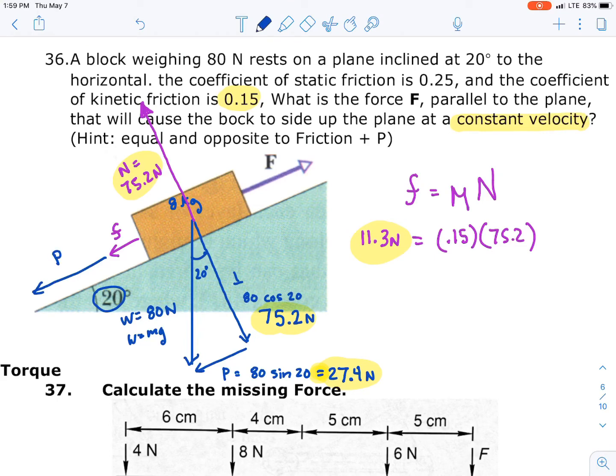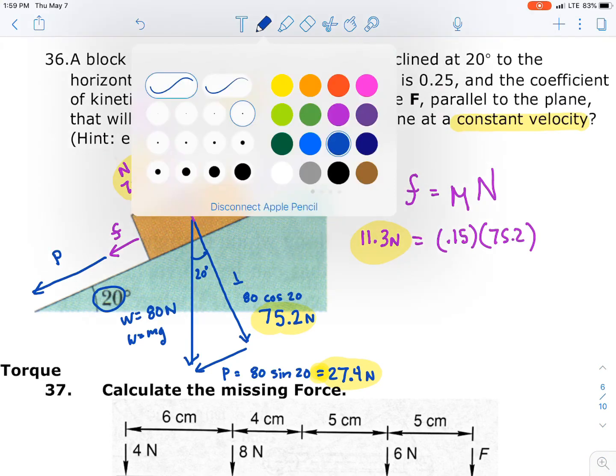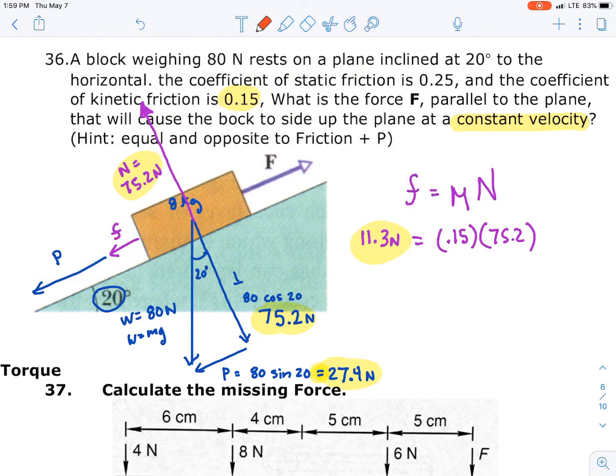So our force that is pulled up the ramp must be equal and opposite to the friction force plus the parallel force. I'll say that one more time. The force going up the ramp, to make it go up the ramp at a constant velocity, has to be equal and opposite to the friction force and the parallel force that are going down.